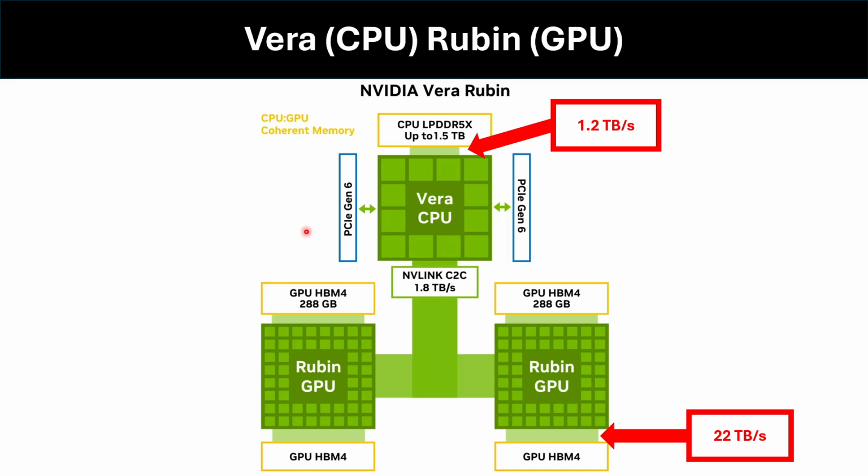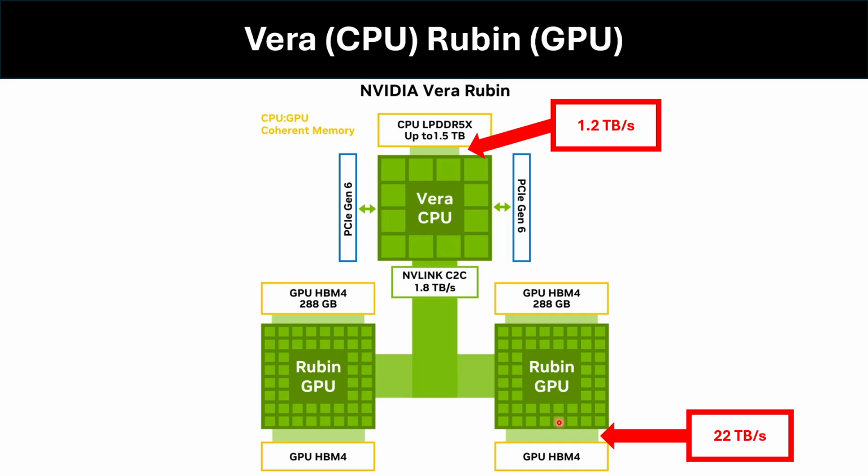And now we said that in comparison to the Grace CPU, we have NVLink chip-to-chip, which is doubled. There was 900 gigabytes per second bandwidth for chip-to-chip communication. Now it's doubled, so probably 900 is going towards one Rubin GPU and another 900 gigabytes per second going towards the other.